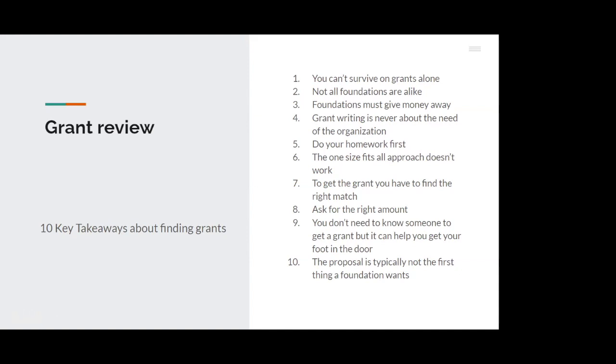You need to have multiple income streams for your organizations. Grants are an important part, but you don't want to forget about individual contributions and other types of funding streams.